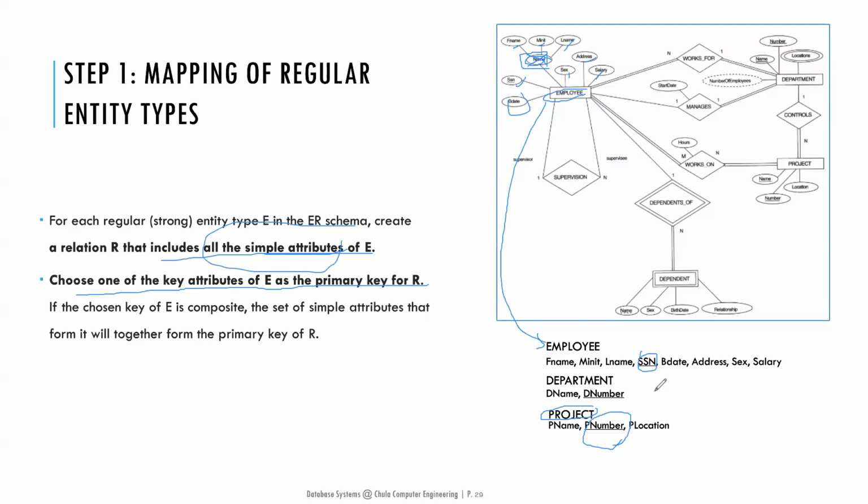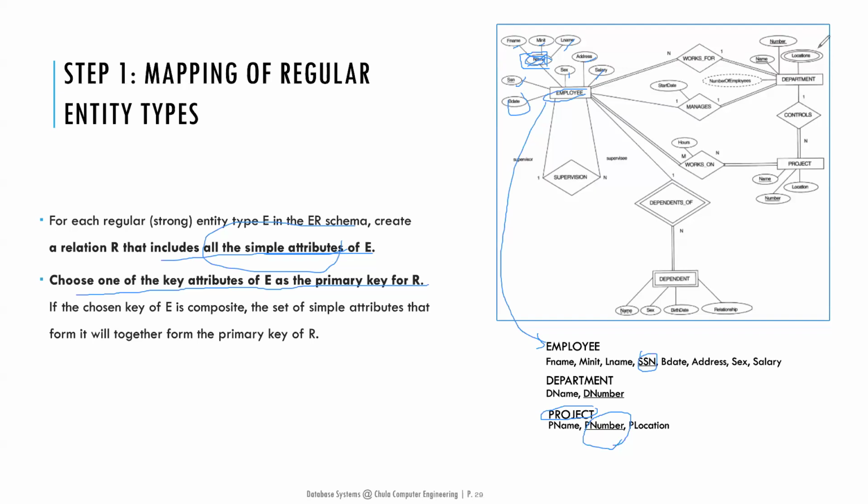Get it? All right. So the first step at all, take a look at the entity type that is a regular type or strong type, all right? Which is shown by a single line around a single rectangle there. And then you take all the attributes, but remember, they must be simple attributes.